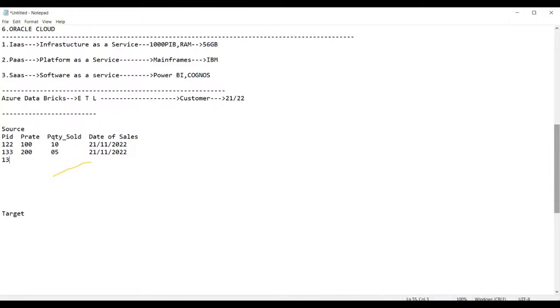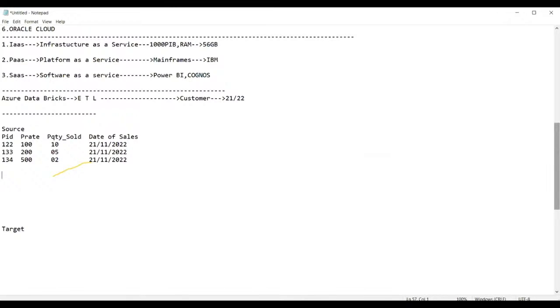Then another product, the rate is 200, quantity sold is 05, date of sales 21/11/2022. And another one, 500/02, 21/11/2022. So the first day, the 21st data, is already recorded. Do we have the 22nd data? No, we will write the 22nd data.